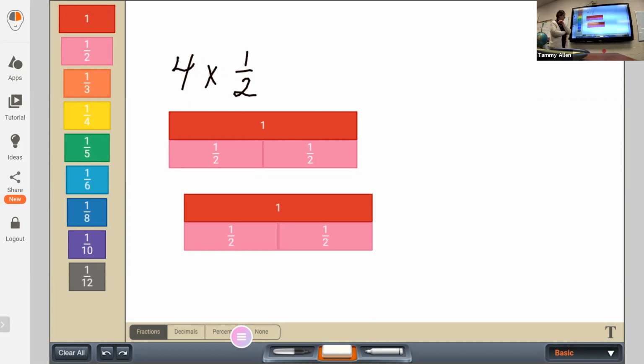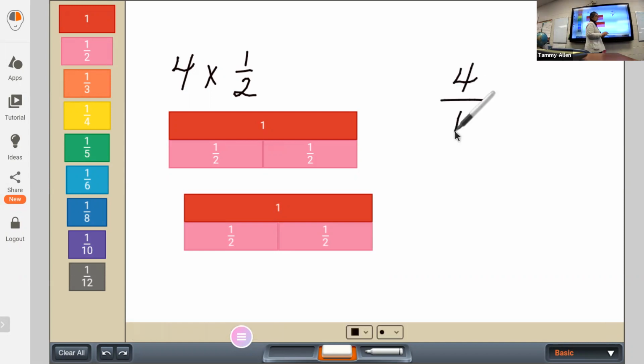Now, without using our pieces, we had 4 times 1/2 up here. Our amount of 4, if it's a whole number of 4, it's 4 divided by 1, 4 ones. Does that make sense? Okay? 4 divided by 1 is 4.